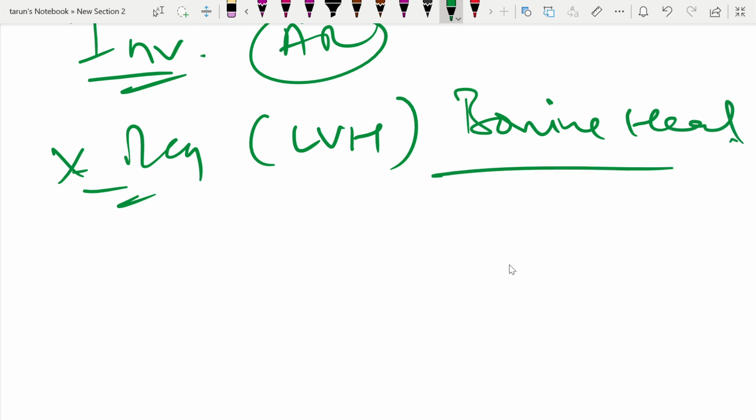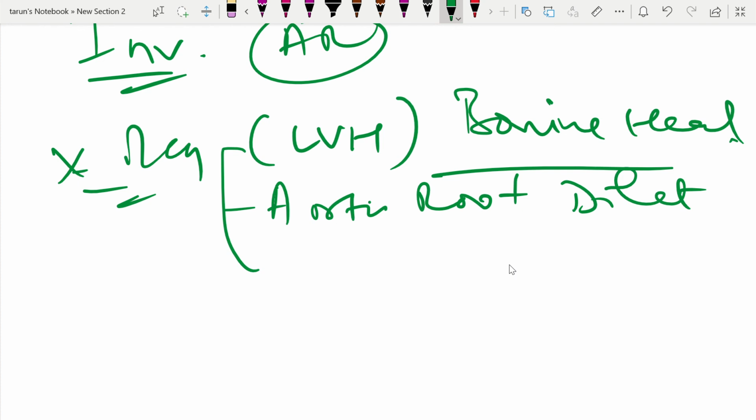On X-ray you will see aortic root dilatation and prominent aortic knuckle. You will also see aortic valve calcification, which raises the possibility of concomitant aortic stenosis.